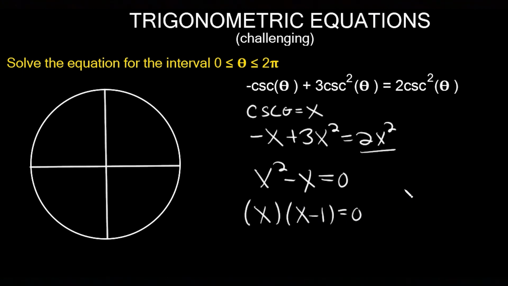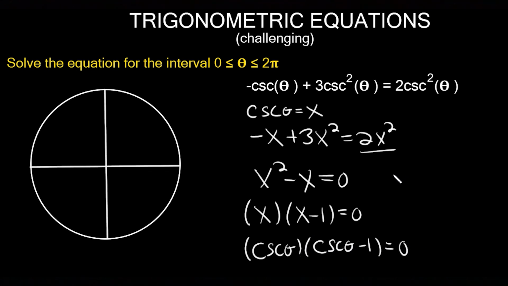all equal to 0. And so from here, this is where you're going to substitute back in. What is x? X is cosecant theta. So you can write here cosecant theta times cosecant theta minus 1 is equal to 0.